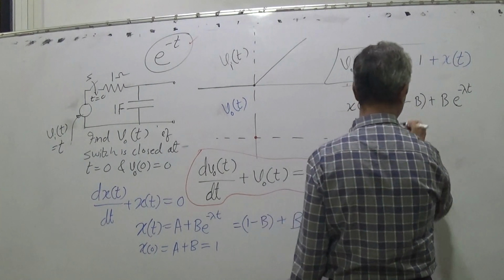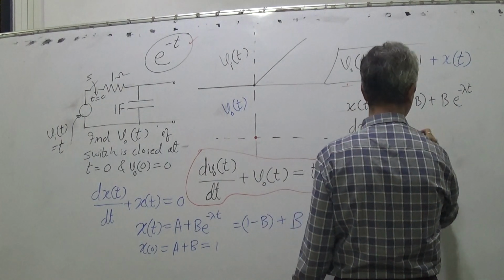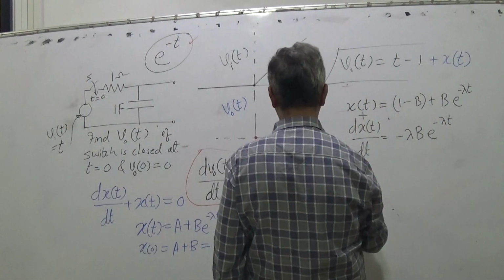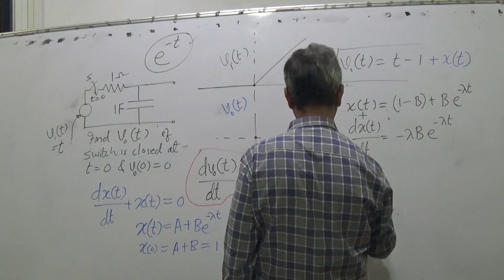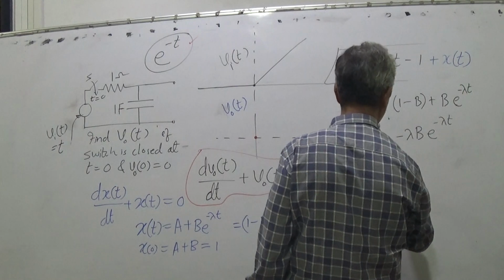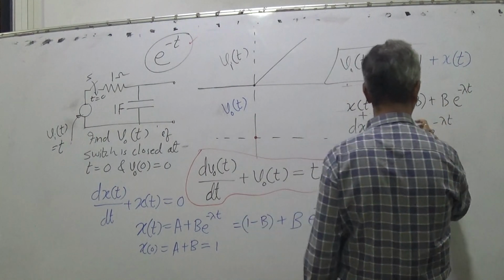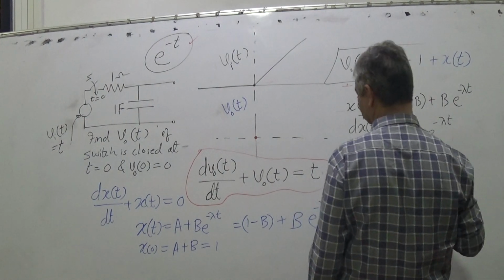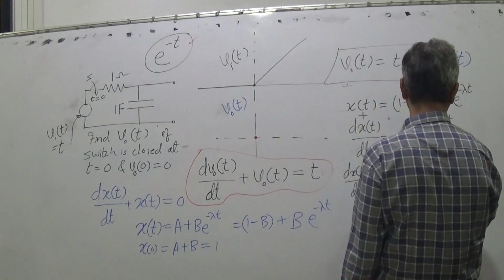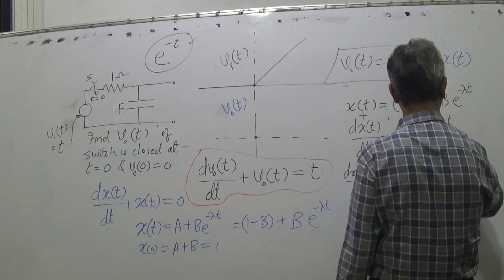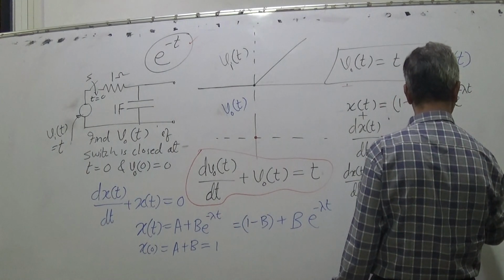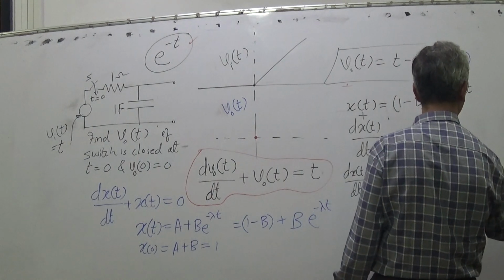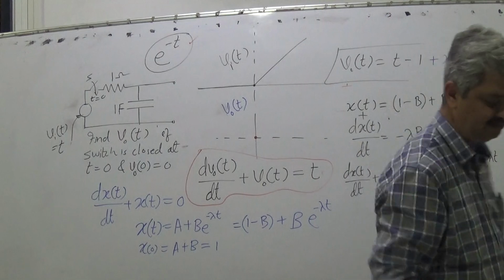dx(t)/dt is 0 minus lambda b e raised to minus lambda t. When these two we add, dx(t)/dt plus x(t), what do we get? 1 minus b plus b into bracket 1 minus lambda e raised to minus lambda t.